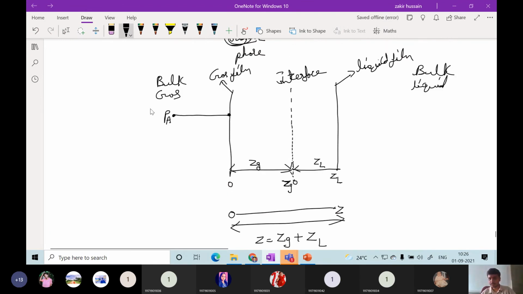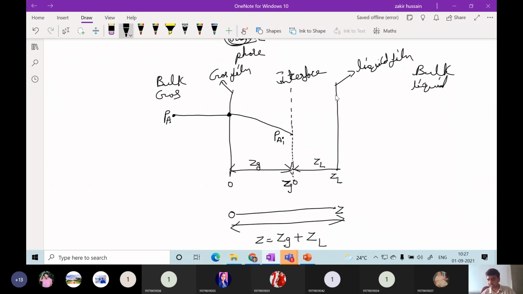So the partial pressure of component A is PA, and once it touches the gas film, the concentration of this gas component A in the gas will drop like this. It will attain an interfacial pressure, that is PAI, the interfacial partial pressure of component A.